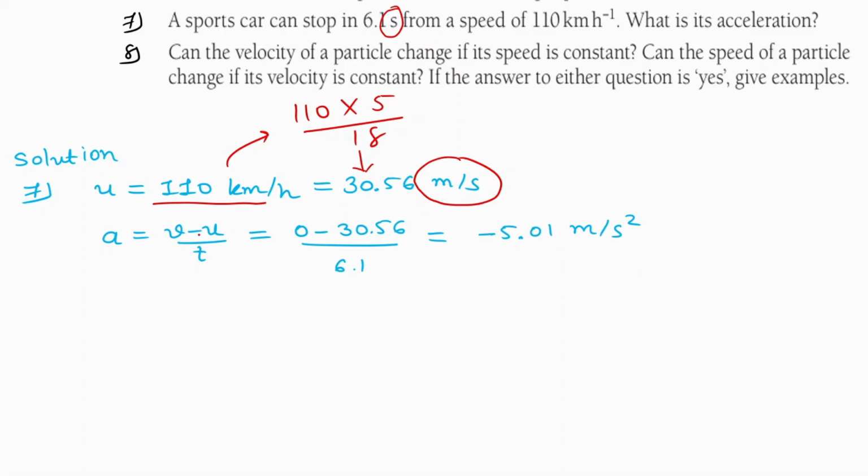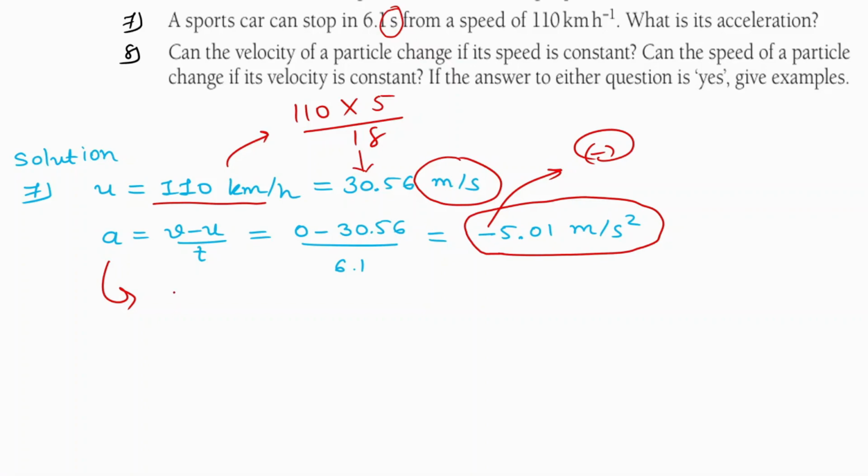Now you know v, u, and t. 0 minus 30.56 upon 6.1, and you will get the answer here. The answer is negative. Why? Because here there is no acceleration.